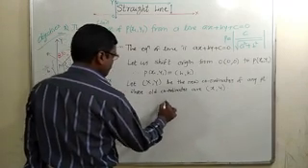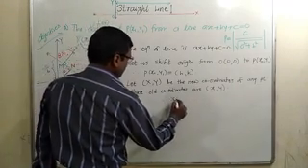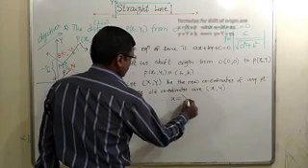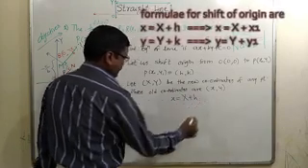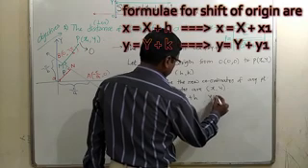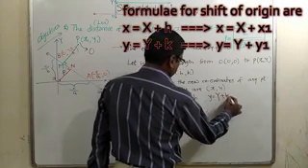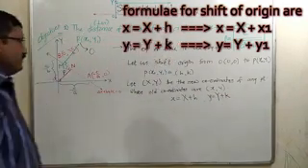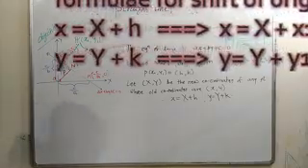Therefore we can write small x is equal to capital X plus h and small y is equal to capital Y plus k. These are the formulae for shift of origin.